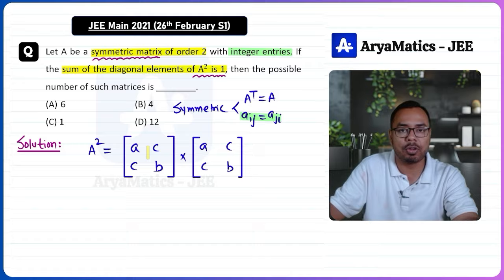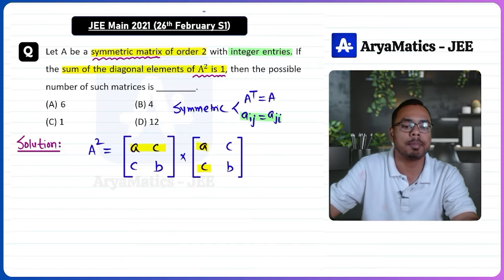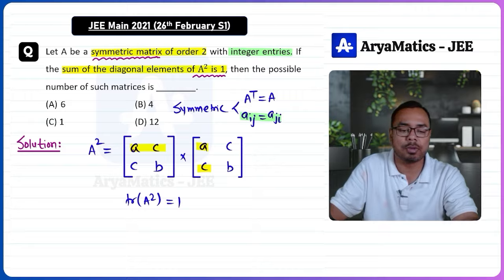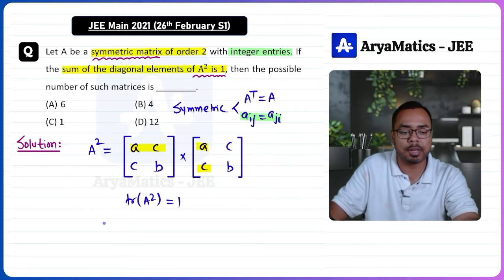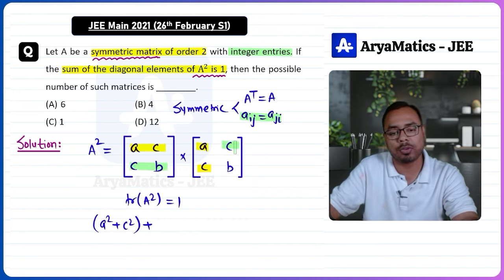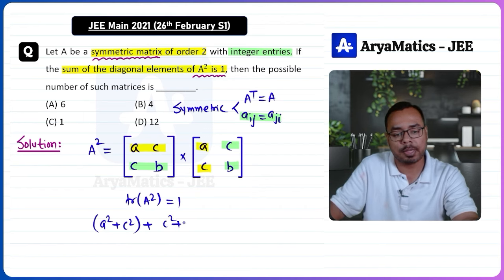For A square, the element of first row, first column will be first row multiplied by first column, which gives A square plus C square. Similarly, the element of second row, second column will be C square plus B square, right? And this has to be 1.